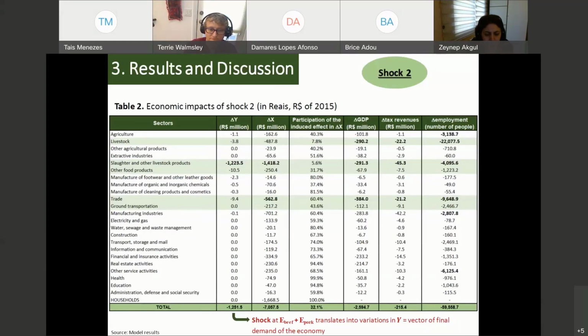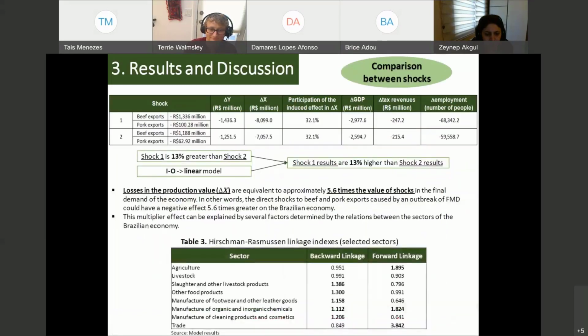All results in shock 2 are 13% lower than the results of shock 1 due to the linearity of the input model. So shock 1 was 13% greater than shock 2, and the consequences are results for shock 1 13% higher because of this linearity.